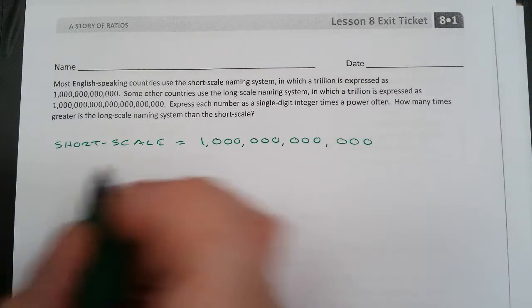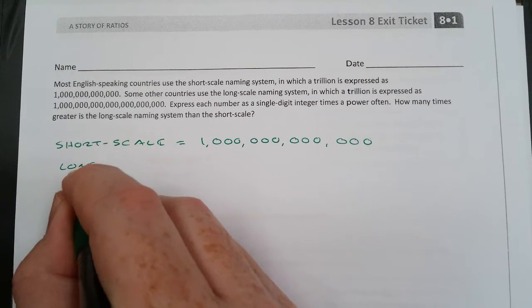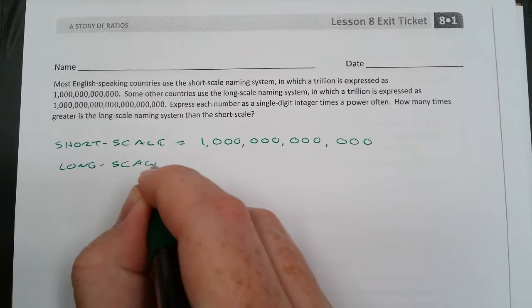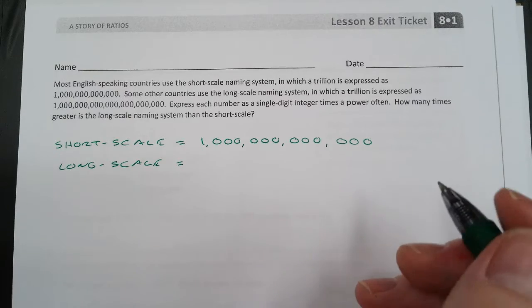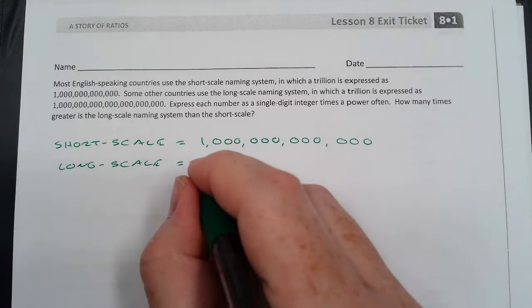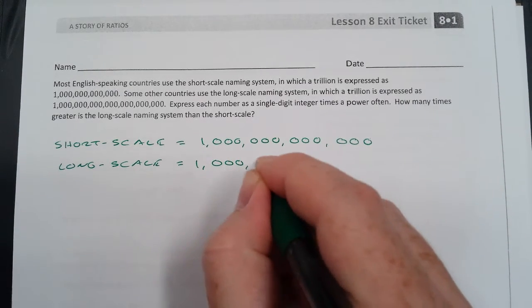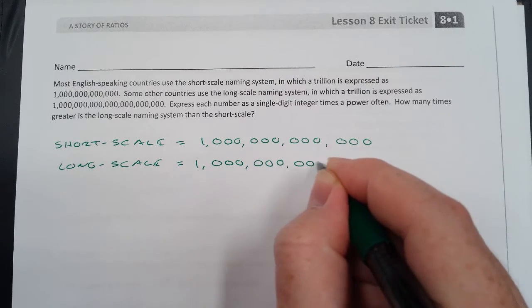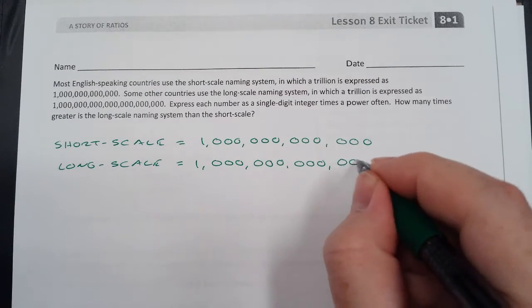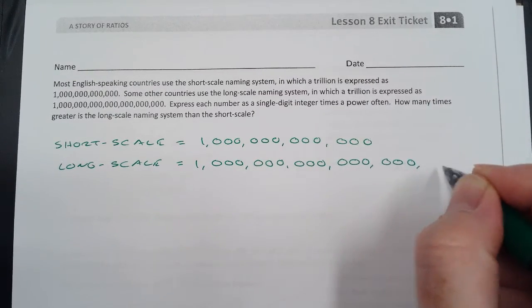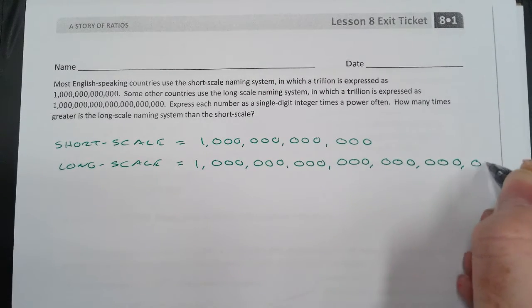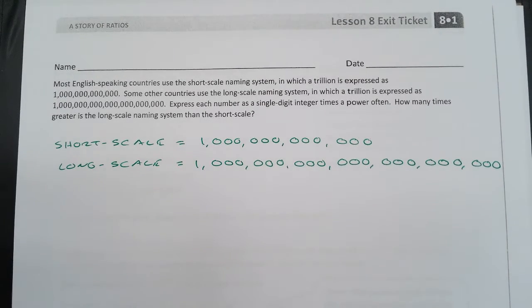In the long scale naming system, I do not know which countries use that. Maybe you could research that and let me know later. The long scale naming system, this is a trillion. Much, much bigger.